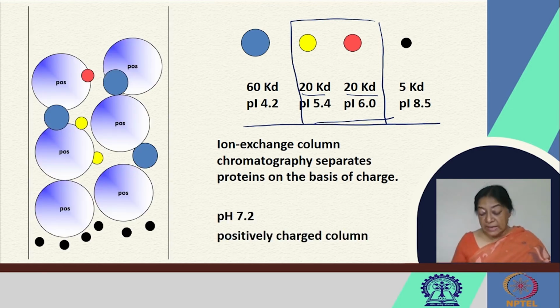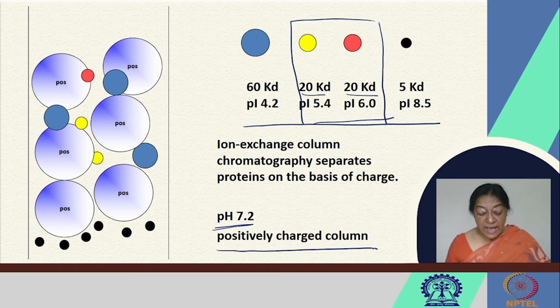If we look at a pH of 7.2 and we have a positively charged column, then at 7.2, what is going to happen? We have a positively charged column, which means anything that is negatively charged is going to bind to it. The pH is less than the pI of this protein, so this protein is positively charged under these conditions.